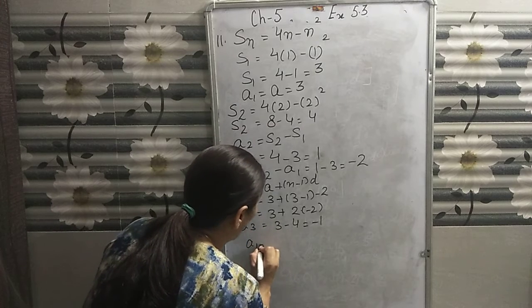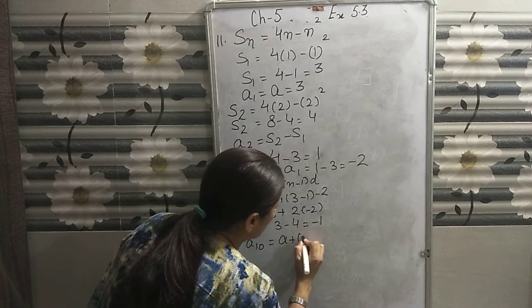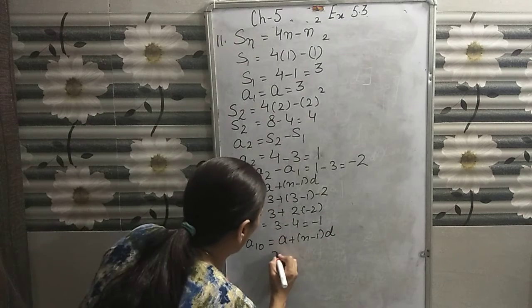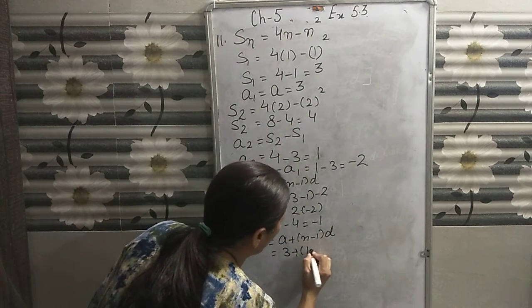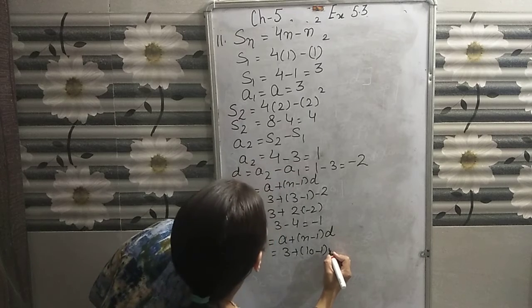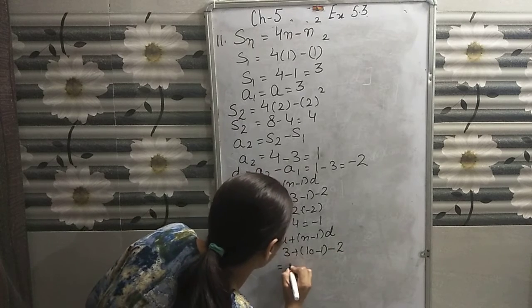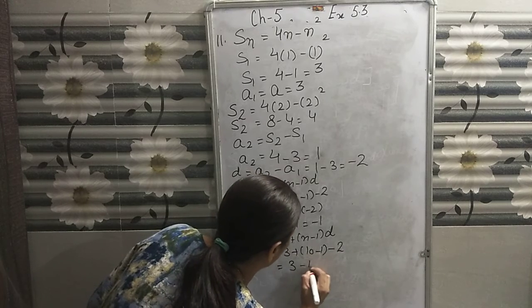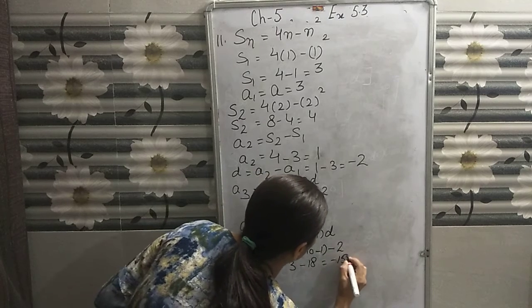Then you have to find the 10th term, that is a plus n minus 1 d. In place of a, I am putting 3, plus 10 minus 1, and in place of d, I am putting minus 2. So 3, 10 minus 1 is 9, 9 2s are minus 18. So this is minus 15.